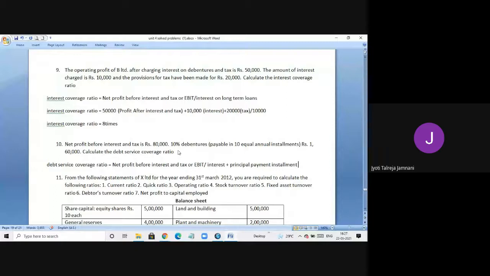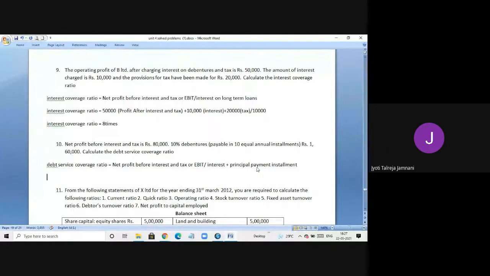Basically, it is EMI. If I add both of these, interest plus principal payment installment, it is the EMI. So debt service coverage ratio says only covering your interest payment is not important. You also need to pay back the loan in installments.